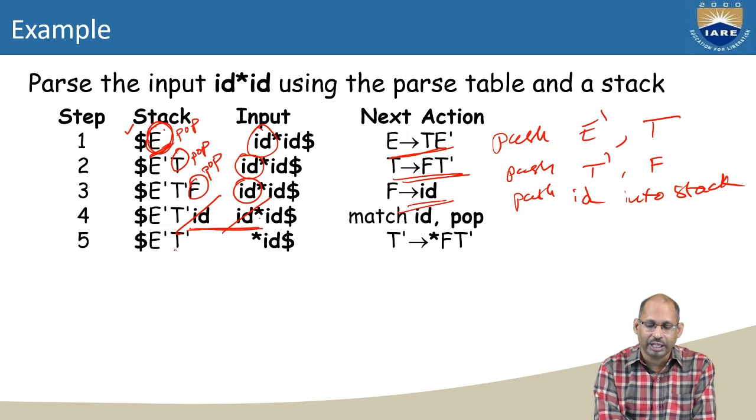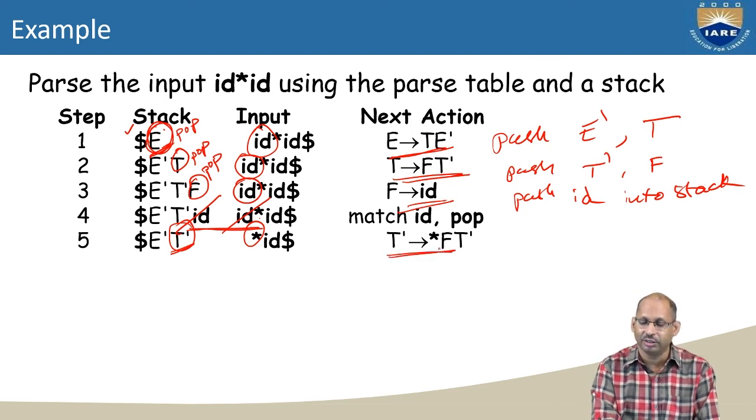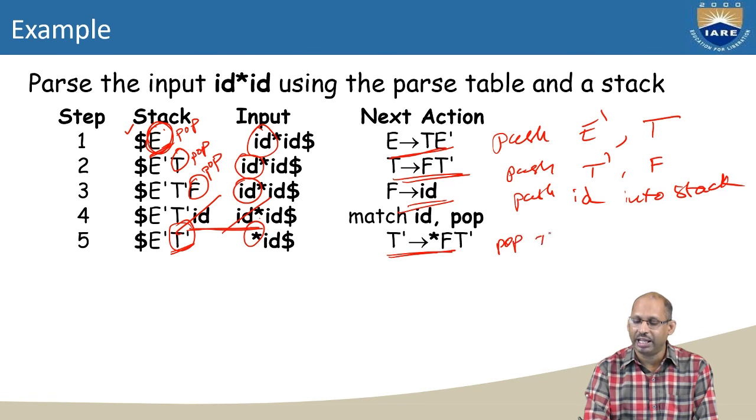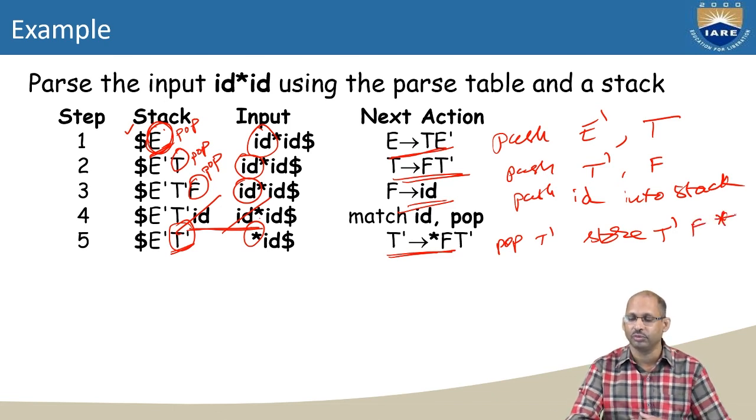Now, what it has is T', we have to consider. We have multiplication. From the table, T' and multiplication, it is having this one. So, pop T' and store T', F and multiplication into this stack. Right?